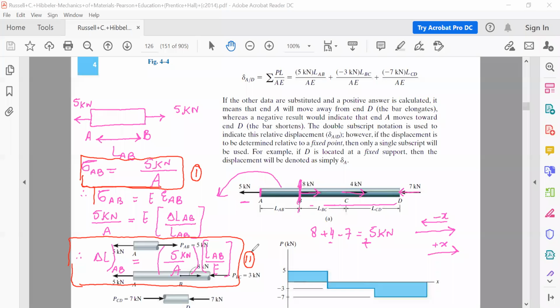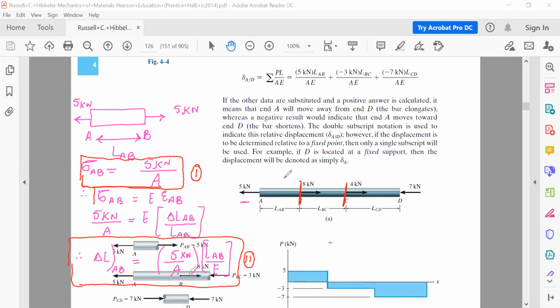Okay, let's go ahead. Now let's talk about the next section. The next section is the section BC. Fine. So as we talk about the section BC, isolate the section BC. So this is B, one section is here, another section we draw here. So when we talk about the section at point B, on this very side, we will be having two loads.